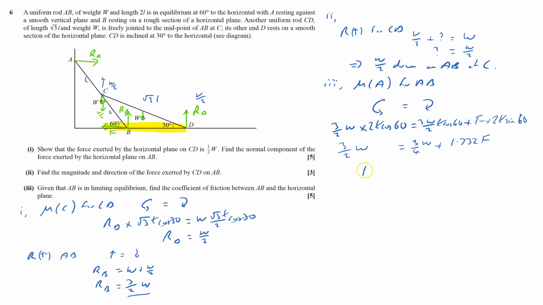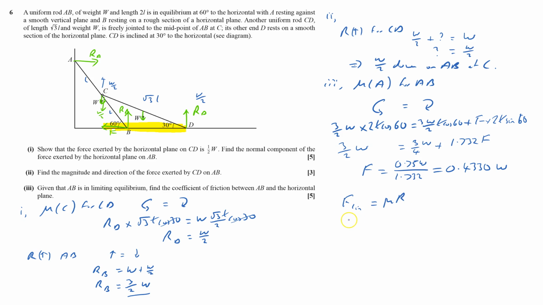F equals 0.75 W over 1.732, and so that means that F equals 0.4330 W.